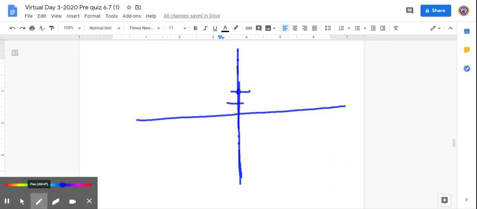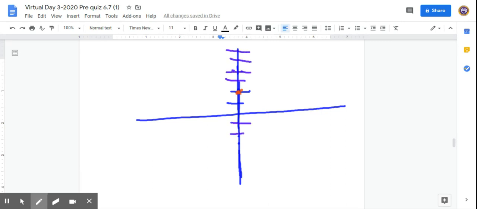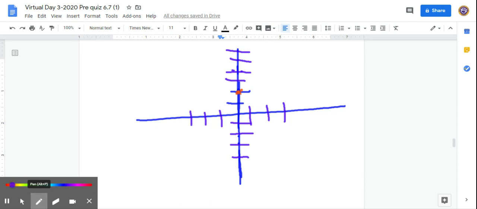Let me actually change this and put a point on 2. Let's make some more lines first. Then we can change to red. Okay, there we go.